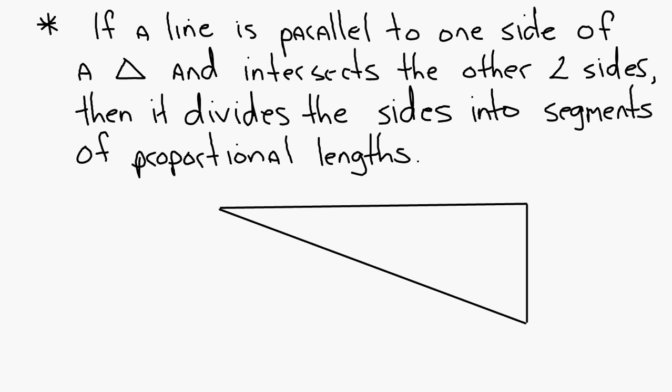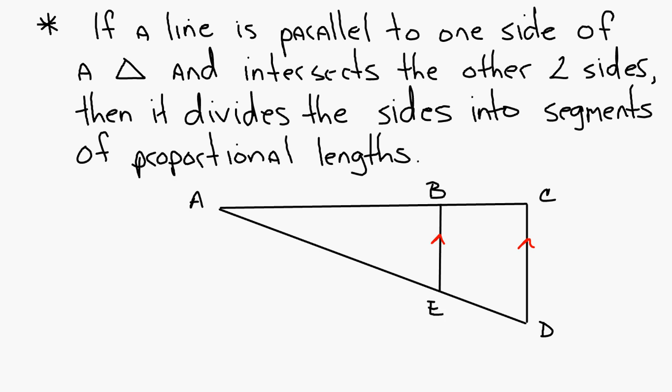If we add a parallel line right here, and put the red arrow symbol on there that says it's parallel, and call the triangle around the outside ACD, and this parallel line is BE.